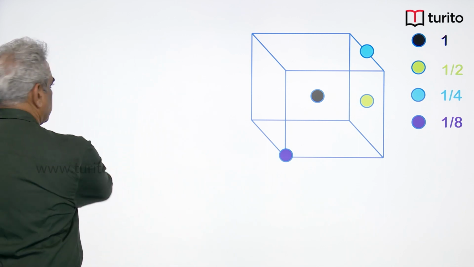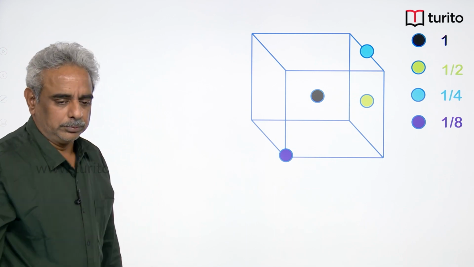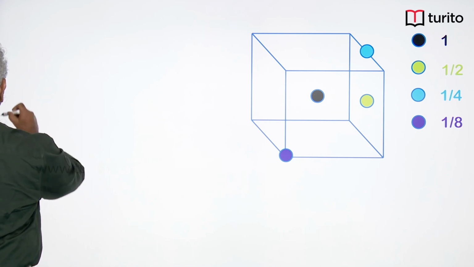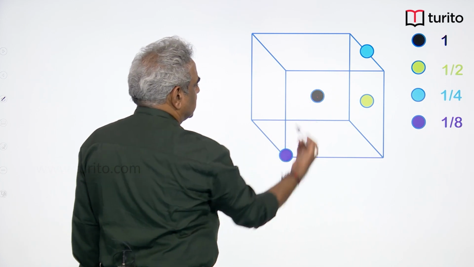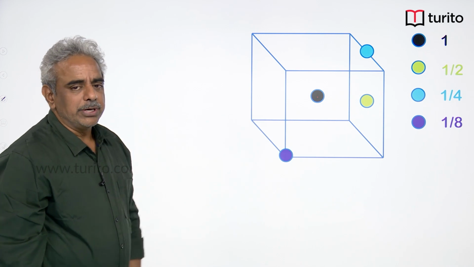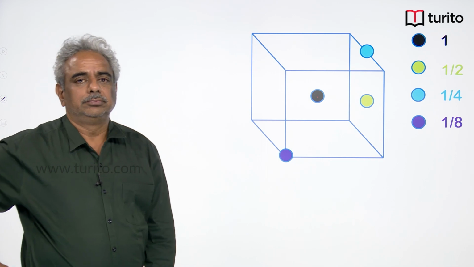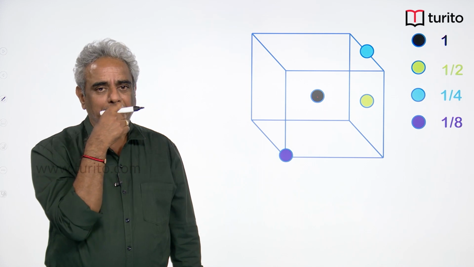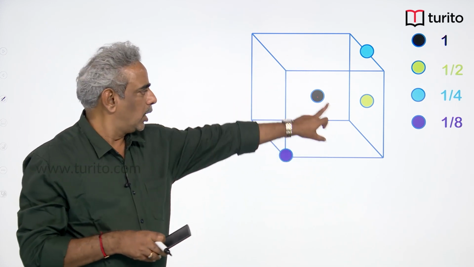If you carefully see this, this is at the center of the cube, that totally belongs to this unit cell, hence its contribution has become 1. What does that 1 represent? That is the contribution of the sphere to this unit cell. Means what? This unit cell can count 1 out of this sphere.